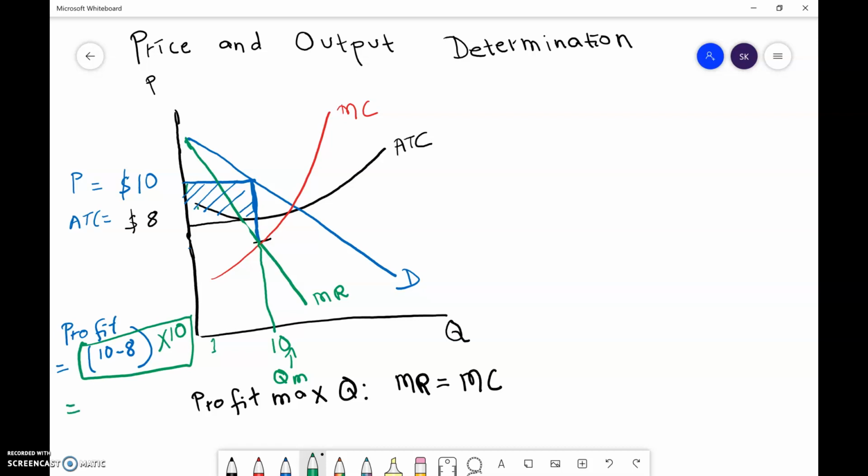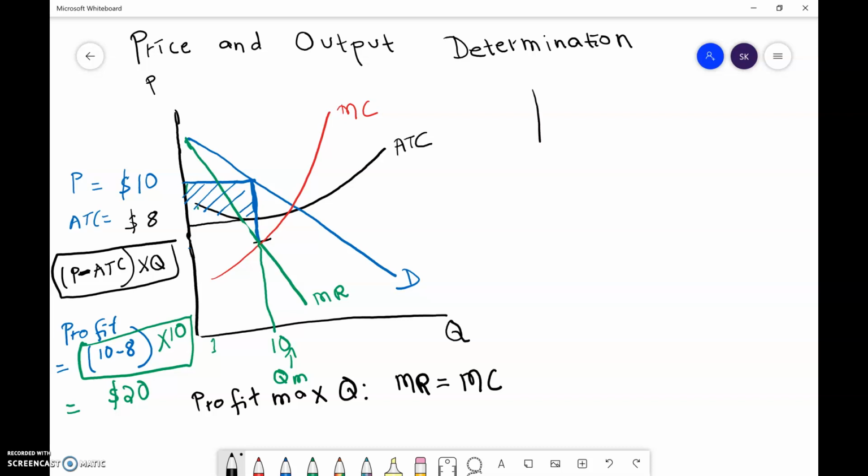Do not forget the output level when you are calculating the profit. So the formula I'm using here is price minus average total cost times output. This is how you find out the profit level. Okay, now I believe everything looks good.